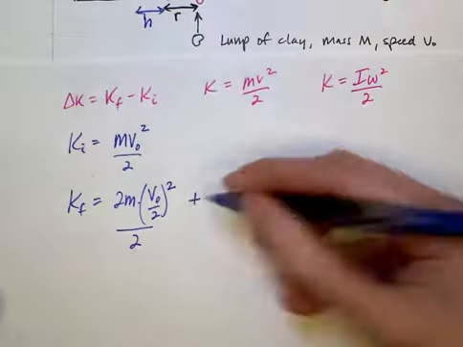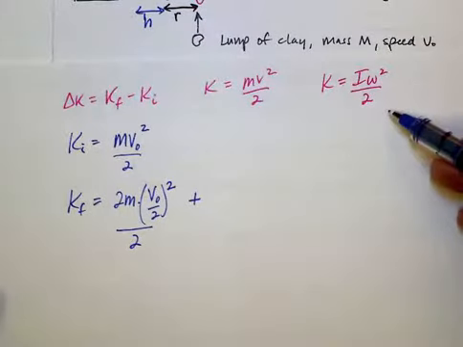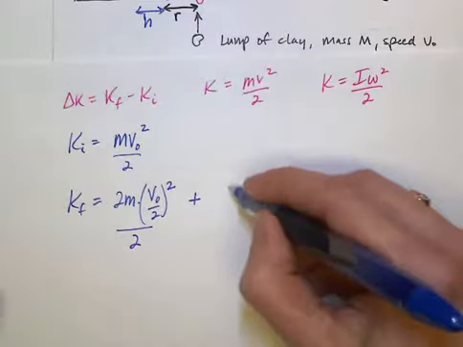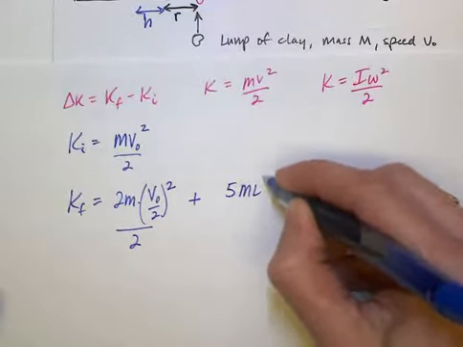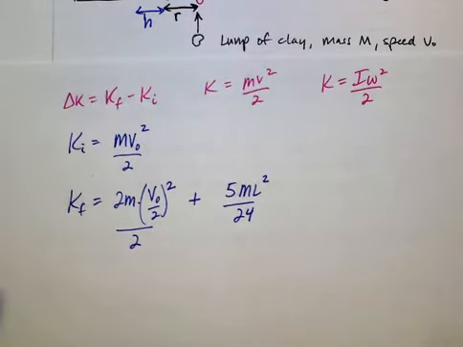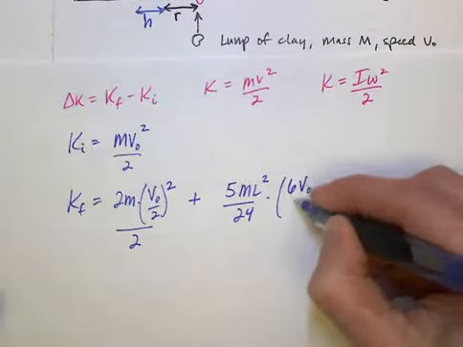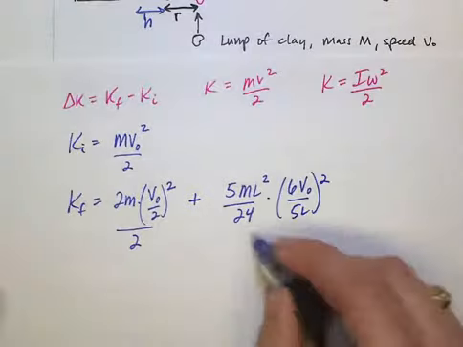And then we'll also have the rotational kinetic energy, and so we'll need to use our value of I from the previous part. That was 5 ml squared over 24. And we'll need to use the omega value from the previous part, 6 v sub o over 5L. And then, of course, divide by 2.